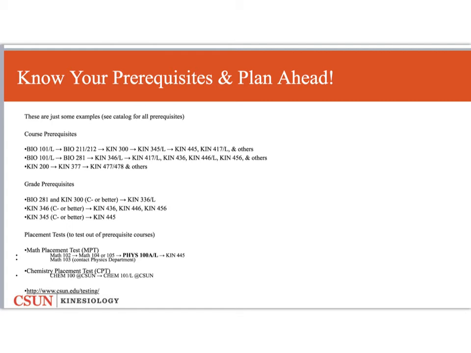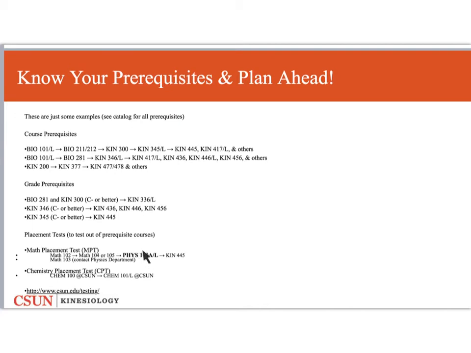Other prerequisites, and this is just for exercise science students, is that in order to take that advanced biomechanics course, you're going to need physics. So the prereq for 445 is a C- in 345, and you need to complete physics.